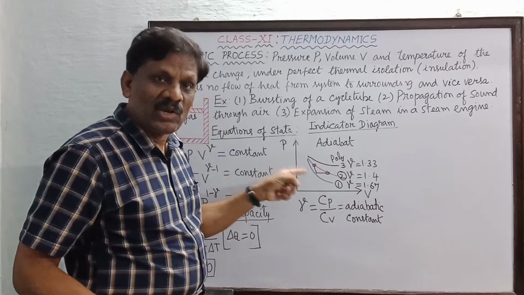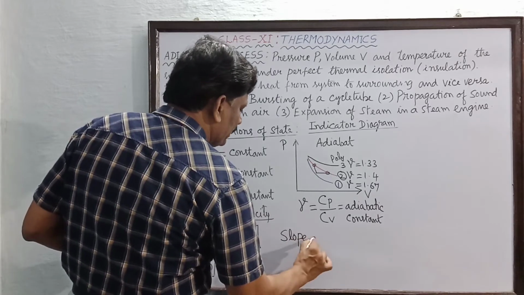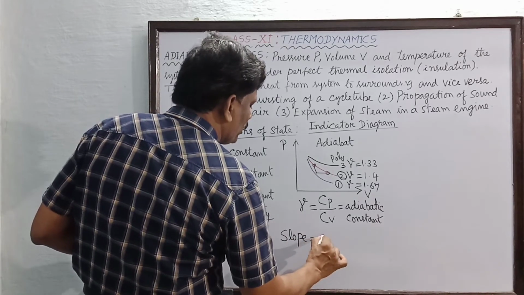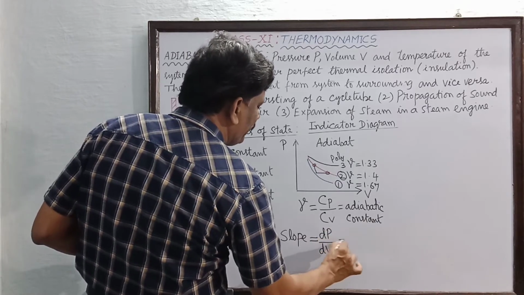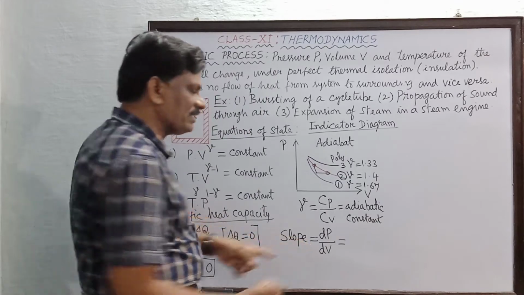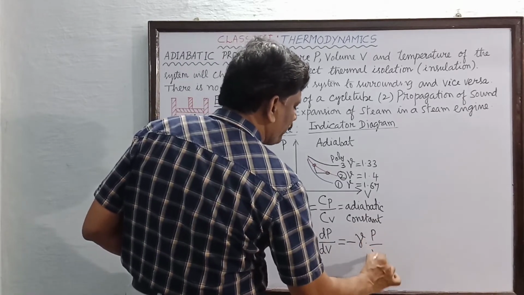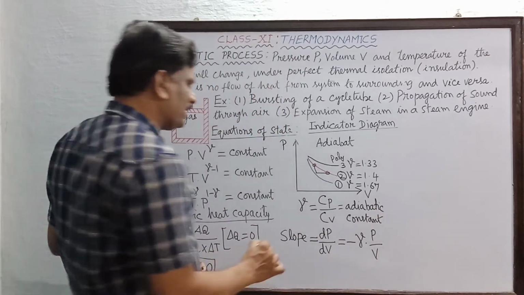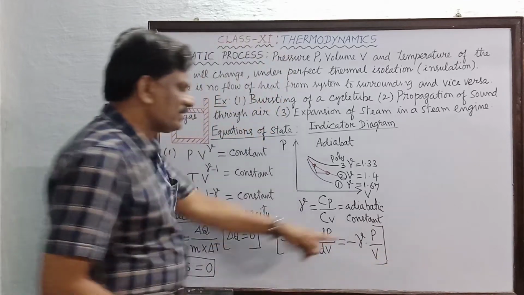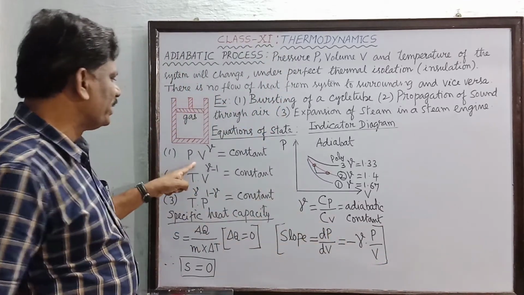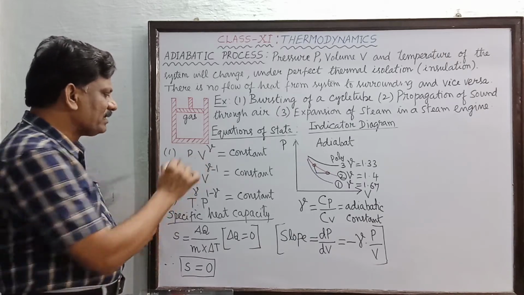On this graph I will take 2 points and find the slope. The slope of this graph will be equal to dp by dv. It can be shown that the slope is equal to minus gamma times p by v. This equation can be derived by differentiating the equation p into v power gamma is equal to constant.